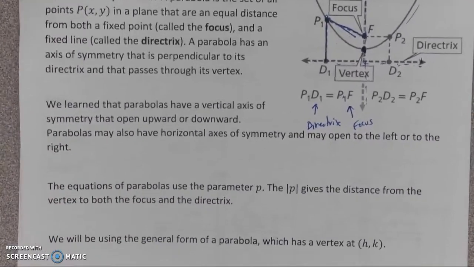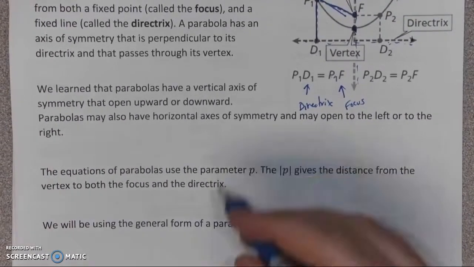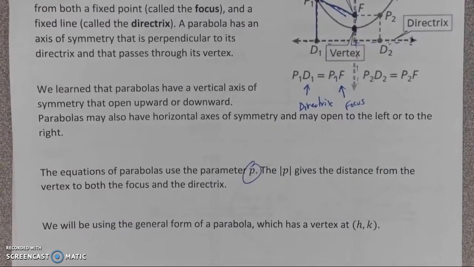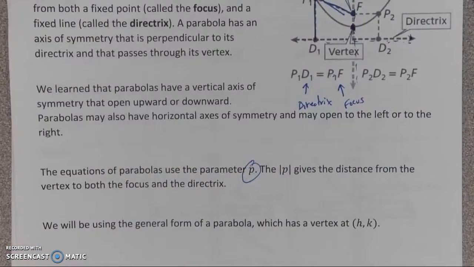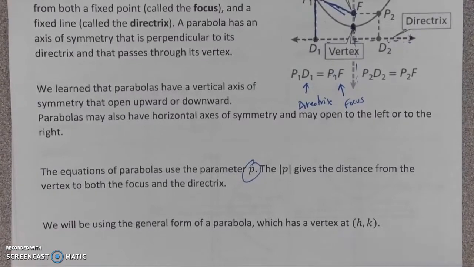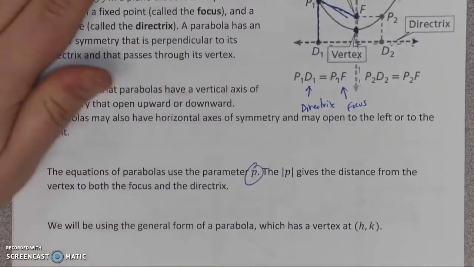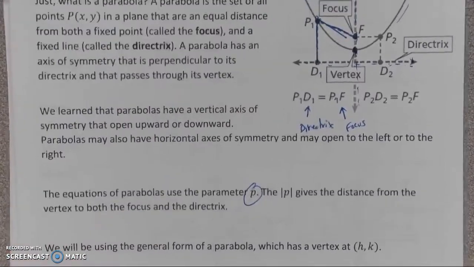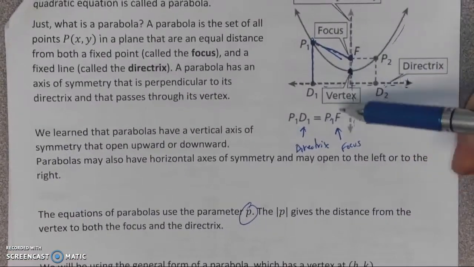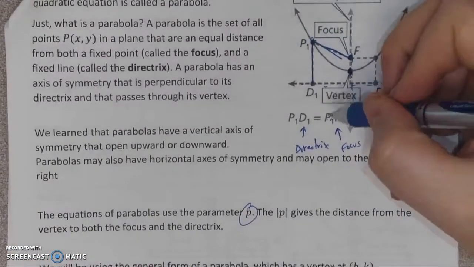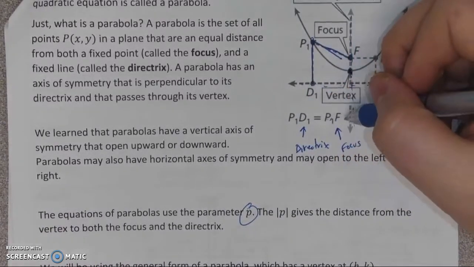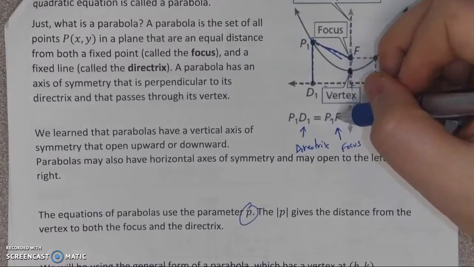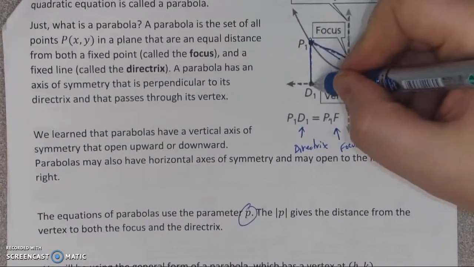The equations of parabolas use a parameter called p, and sometimes they're going to ask us to find what p is. P is just the distance from the vertex to both the focus and the directrix. So if we look back at this picture here, they put this equation P1D1 equals P1F.